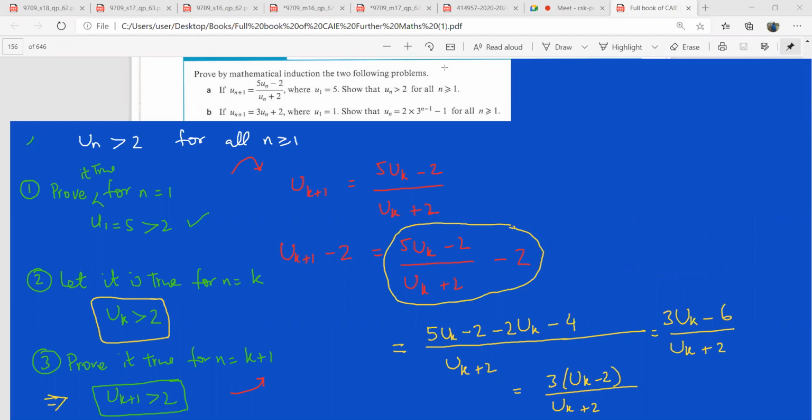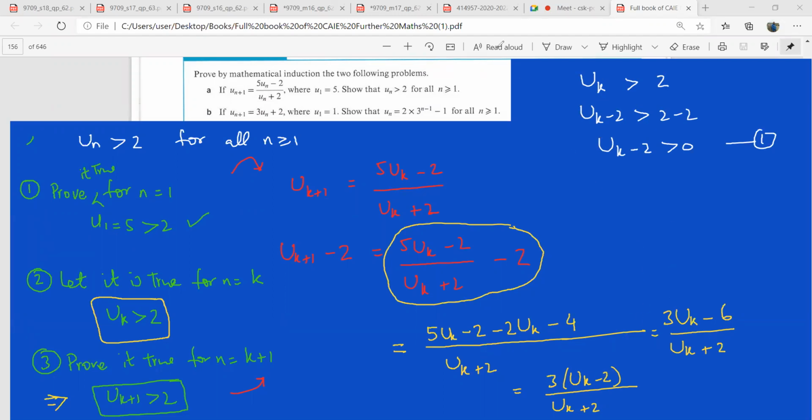From this we know that uk is more than 2. If I write it as uk minus 2, and this is 2 minus 2, that means uk minus 2 is a positive value. That is the first relation, about the numerator of this fraction: the numerator is positive.